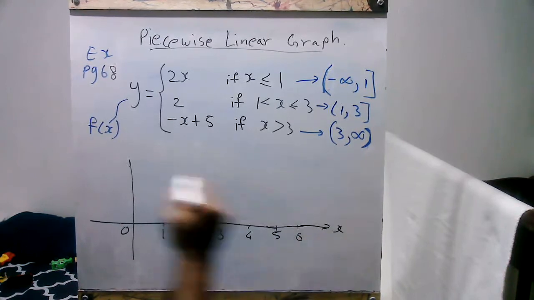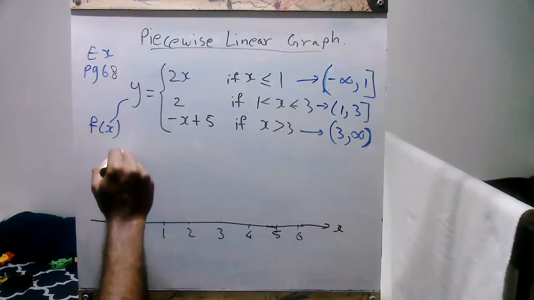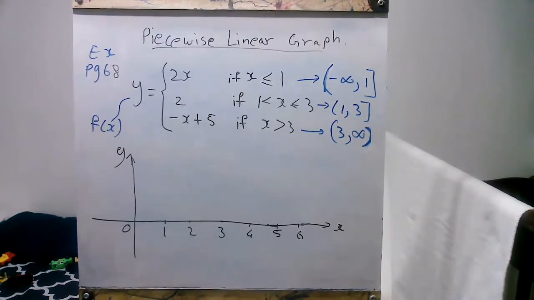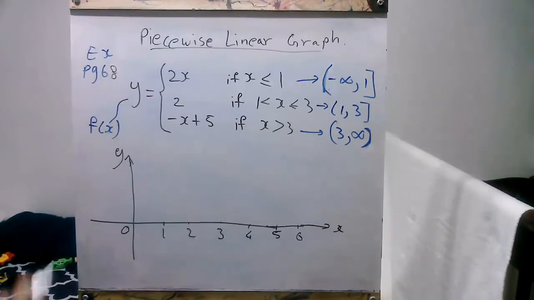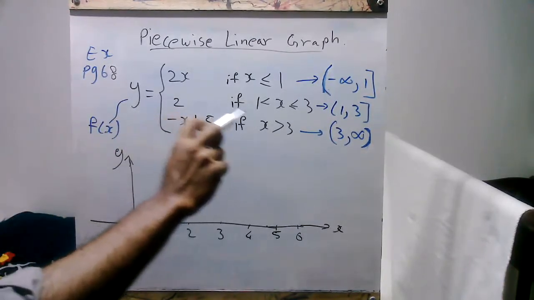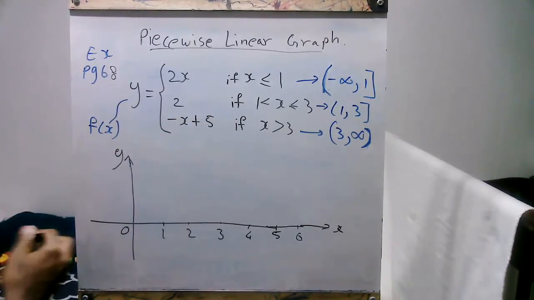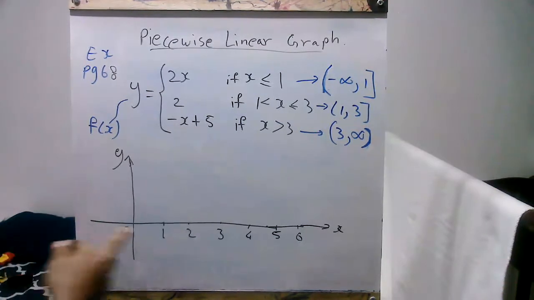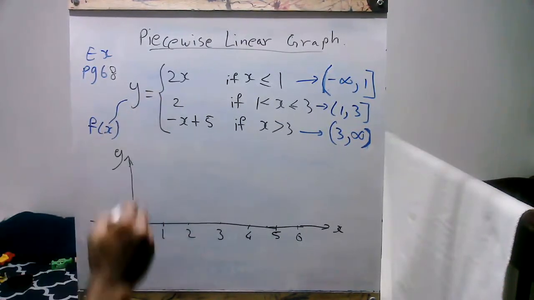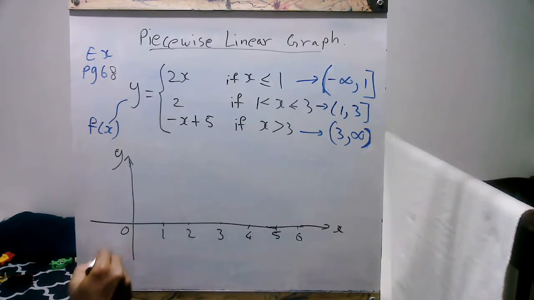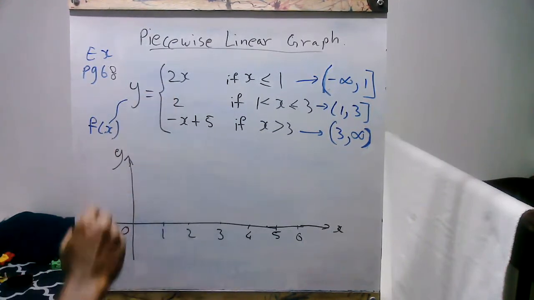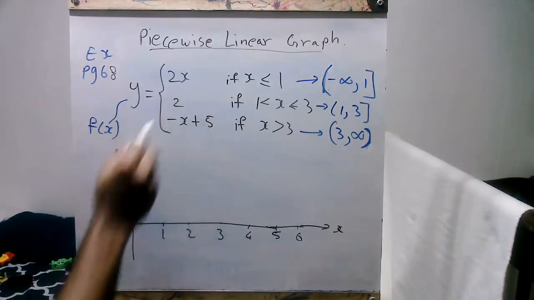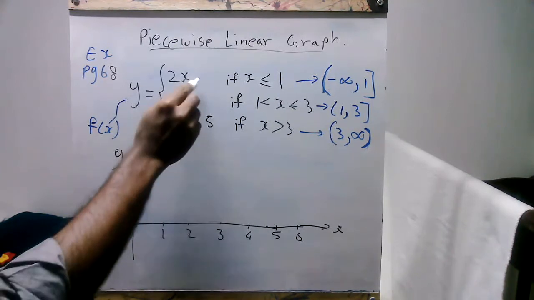This is the x-axis, this is the y-axis. From negative infinity of x to 1, it behaves like 2x. Y equals 2x is a straight line with positive slope, going through the 0, 0 point, because the y-intercept is 0.